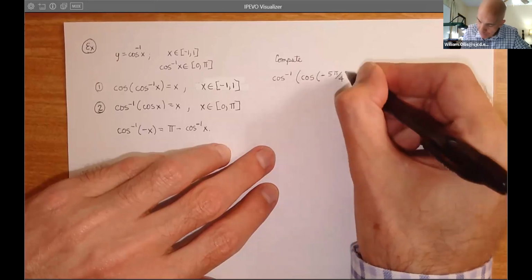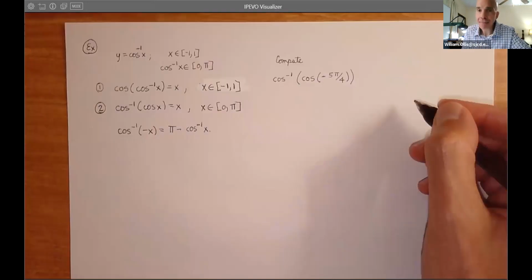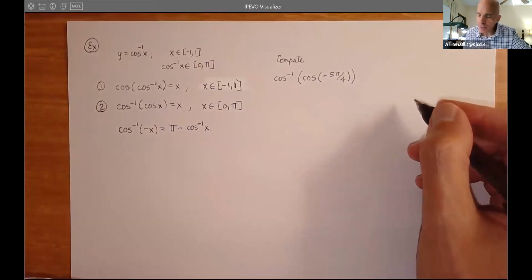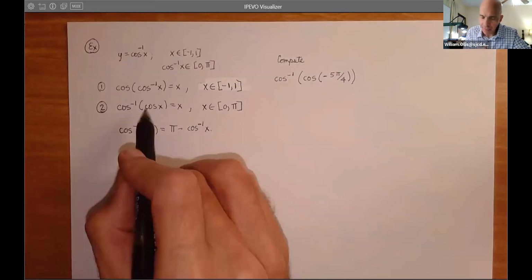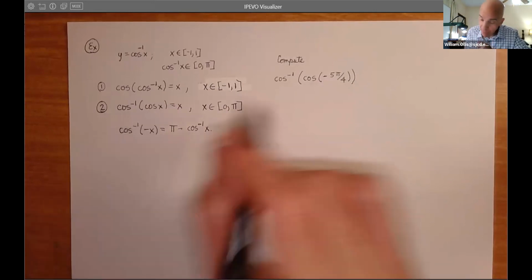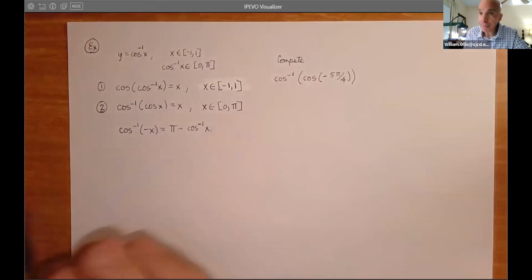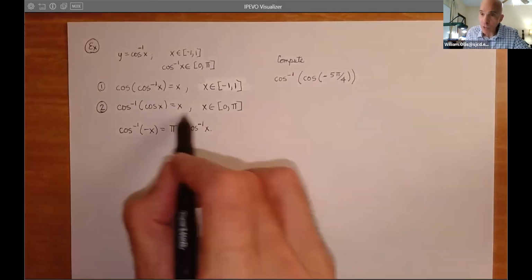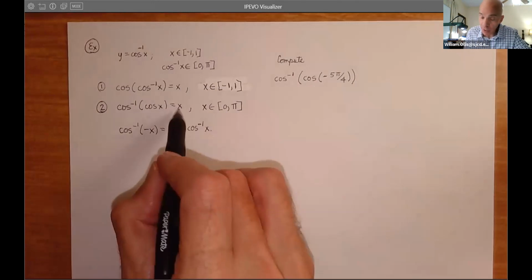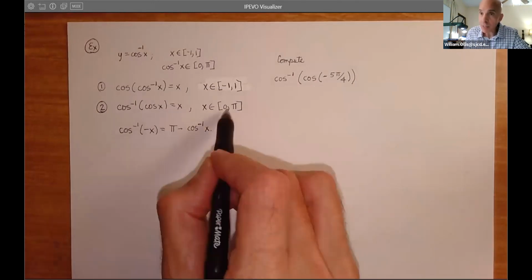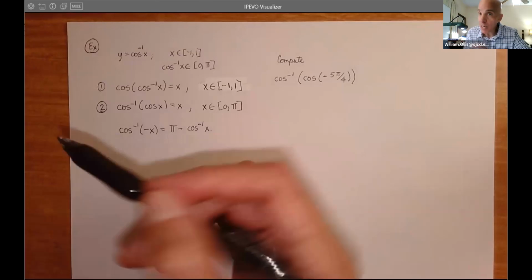Okay, let's do that. All right, so you look at this and say, okay, can I use this directly? And then you're thinking, no, because negative 5 pi over 4 doesn't live in here. The rules that Professor Ron wrote down say that if I want to be able to put x here, I've got to have an x that lives in here by our definition.